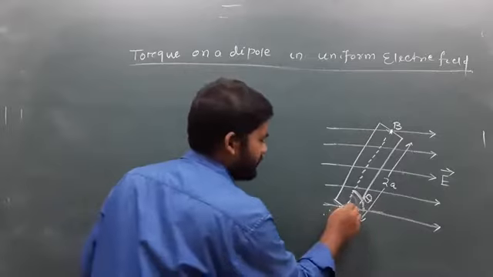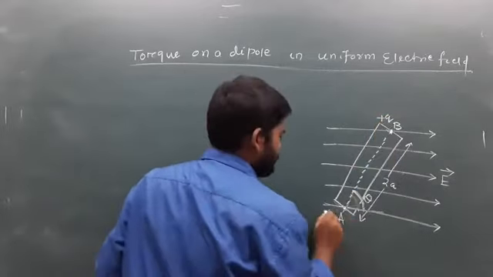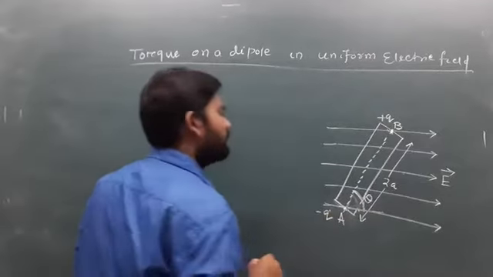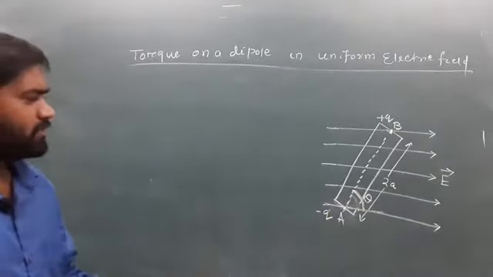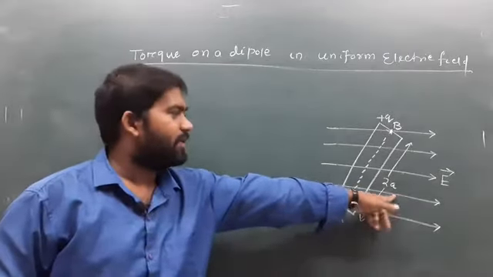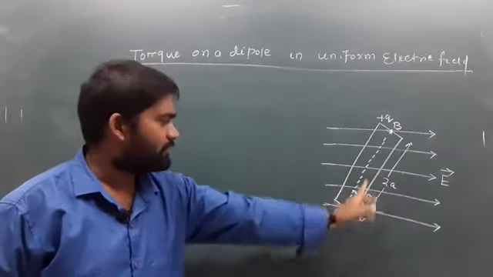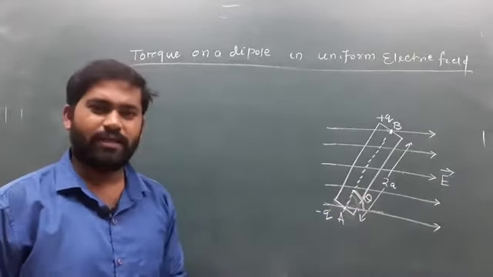Suppose this one is plus Q and this one is minus Q. Plus Q and minus Q, their dipole length is 2A, and it is placed within the electric field at some angle theta.